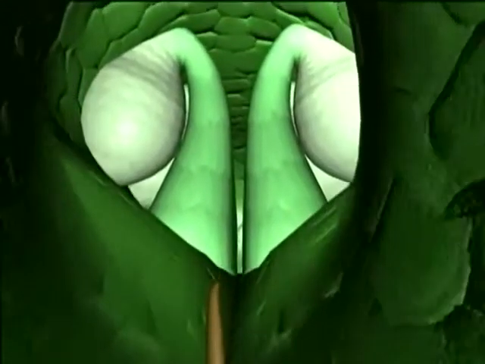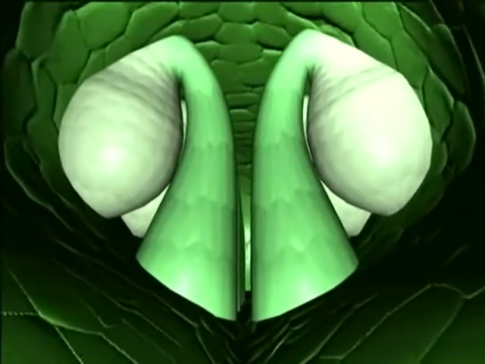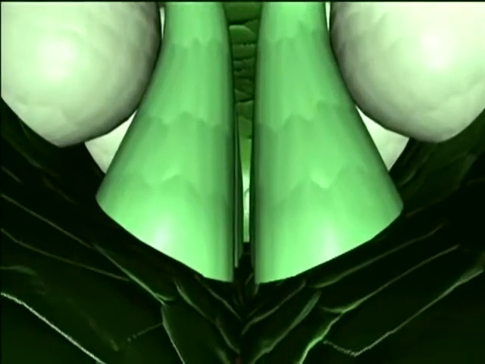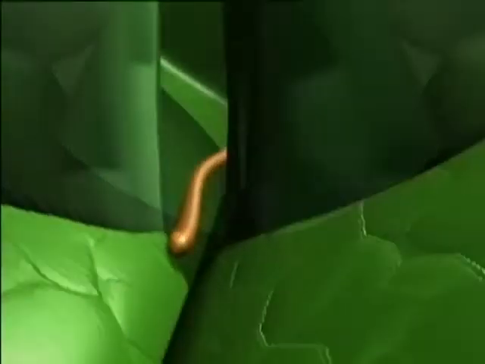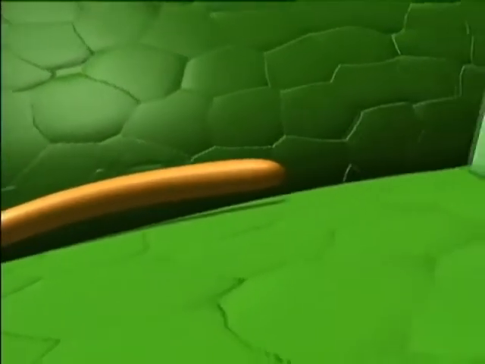When the pollen tube reaches the base of the style, it grows into one of the 3 ovaries. Inside the ovary, the tube locates the 2 rows of ovules.